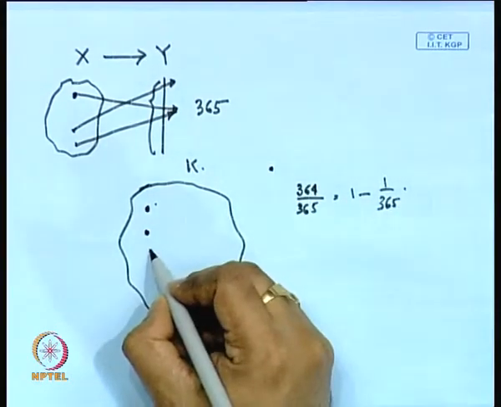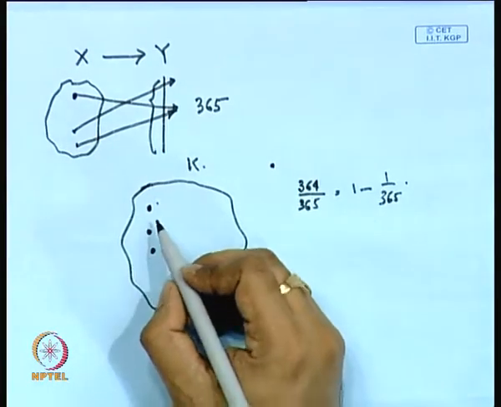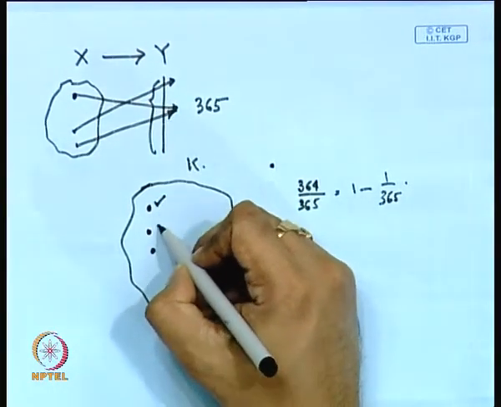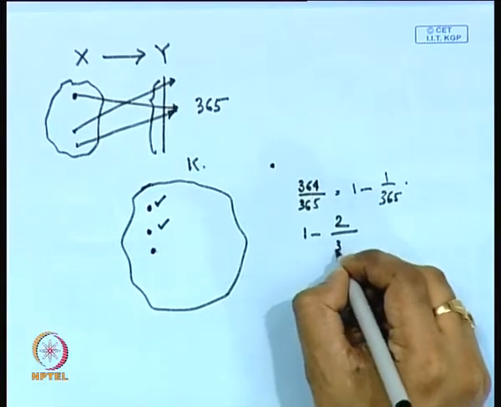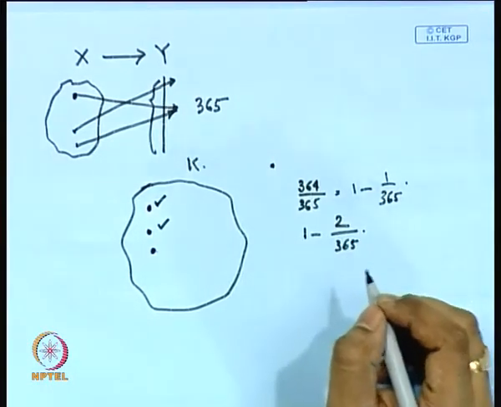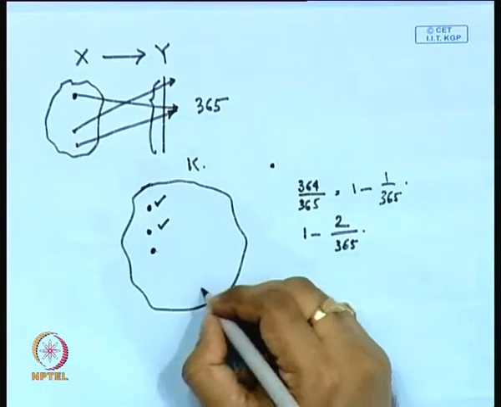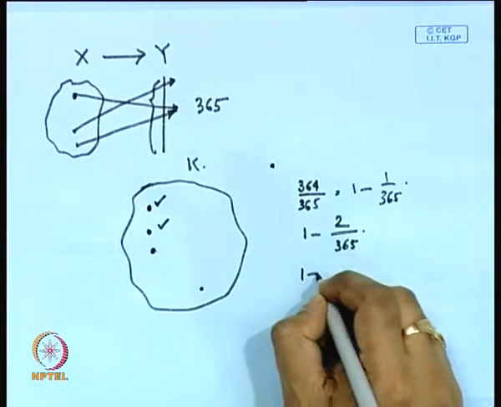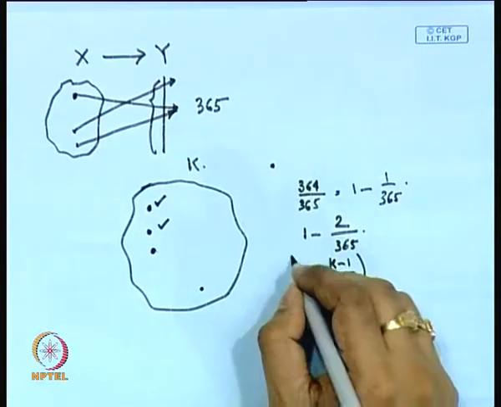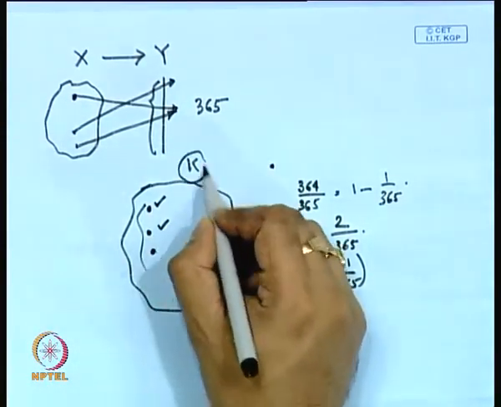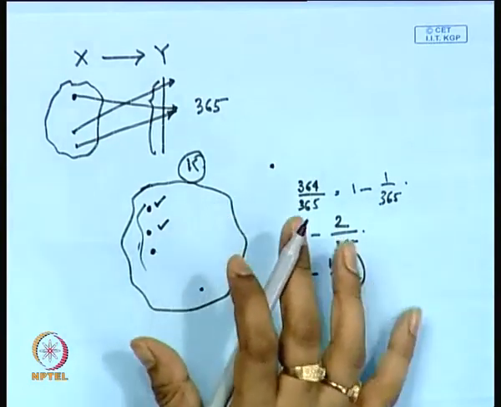What about the third person? The third person cannot be born on this date or this date, so his probability will be 1 minus 2 divided by 365. Similarly, for the last person, his probability will be 1 minus (k minus 1) divided by 365, because there are k persons in this set. I am considering the least size of the set.